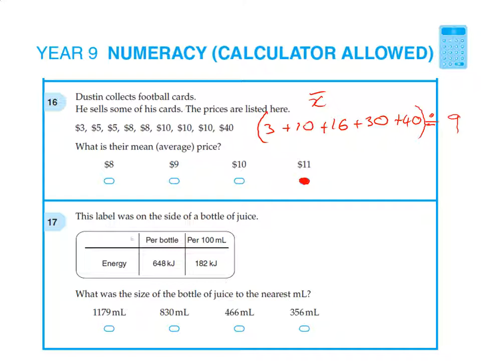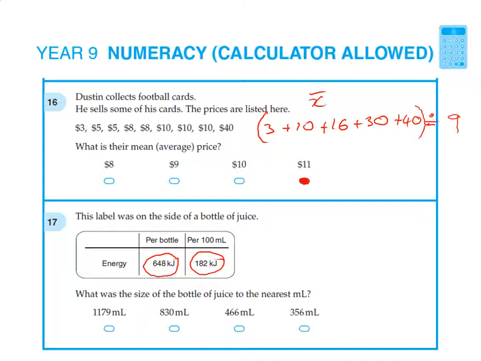Now, next one. This is a label on the size of a bottle of juice, all right? So if you look at this, 100 milliliters will contain 182 kilojoules. So every bottle, per bottle, okay, you have 648 kilojoules.